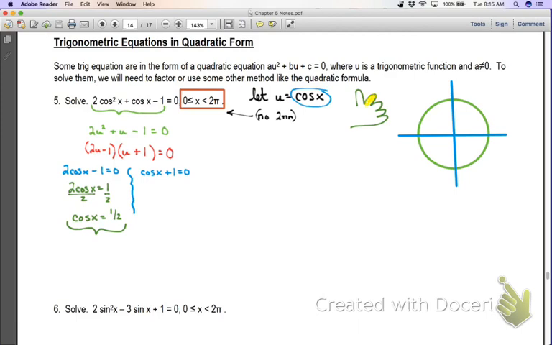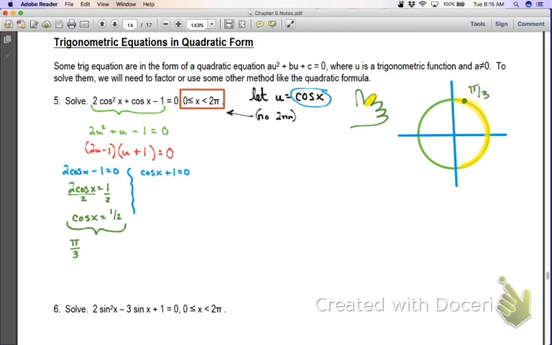So pi over 3. Where else is it also positive, though? Pi over 3 is right. Okay, it's cosine, so it's positive here, right? So like Rachel said, it's going to be pi over 3.